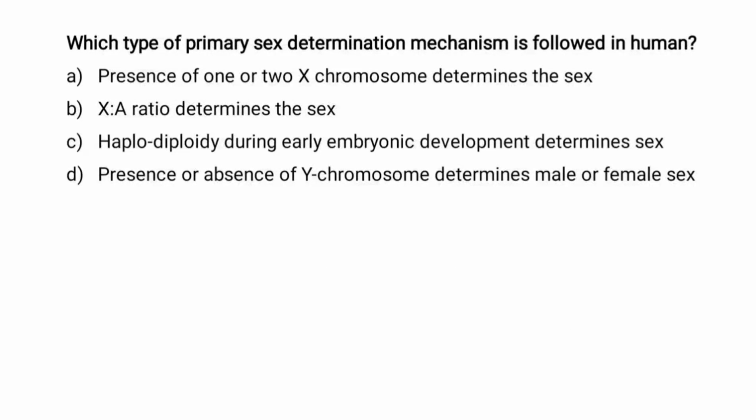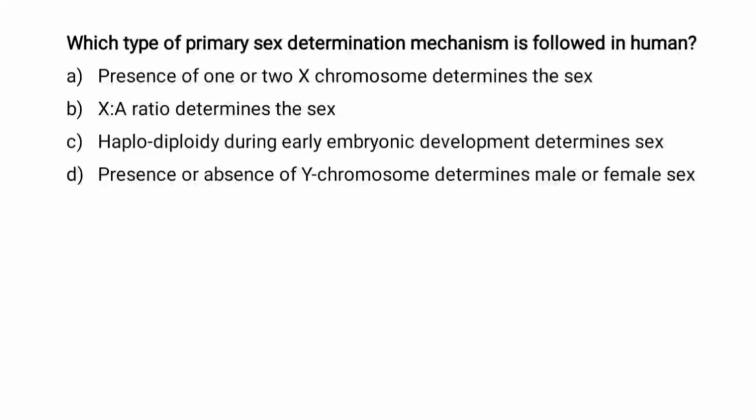Next question is, which type of primary sex determination mechanism is followed in humans? Humans have XY sex determination system, which is also found in other mammals, some insects also. In this system, females have two same sex chromosomes, which is XX, while the males have two distinct sex chromosomes, which are X and Y. X to A ratio determines the sex in the Drosophila, and presence of one or two X chromosomes determines sex in certain insects.